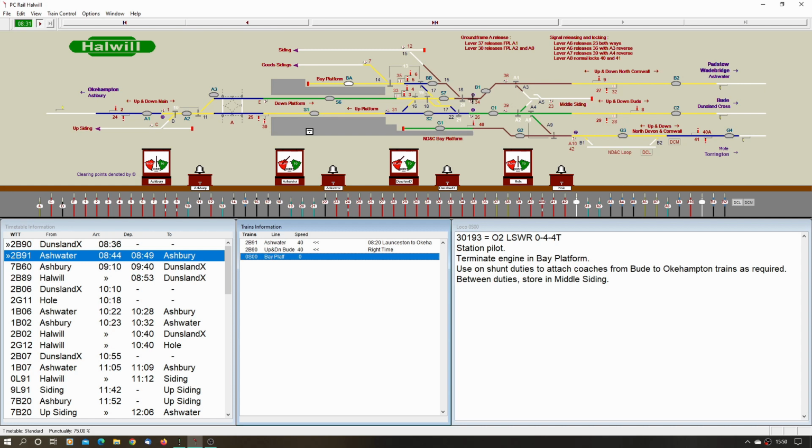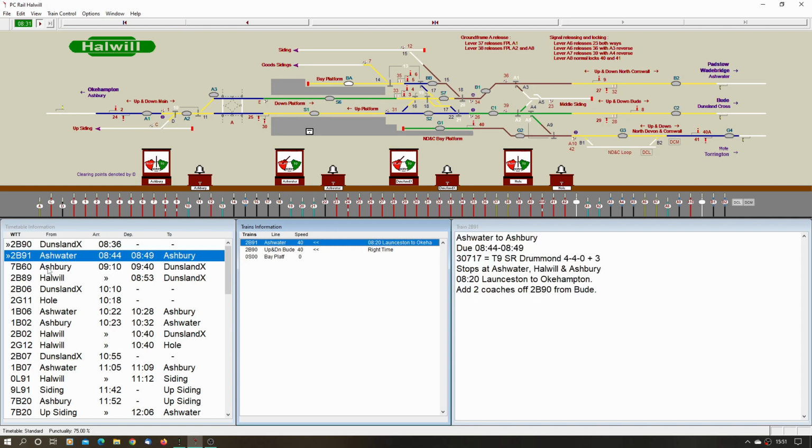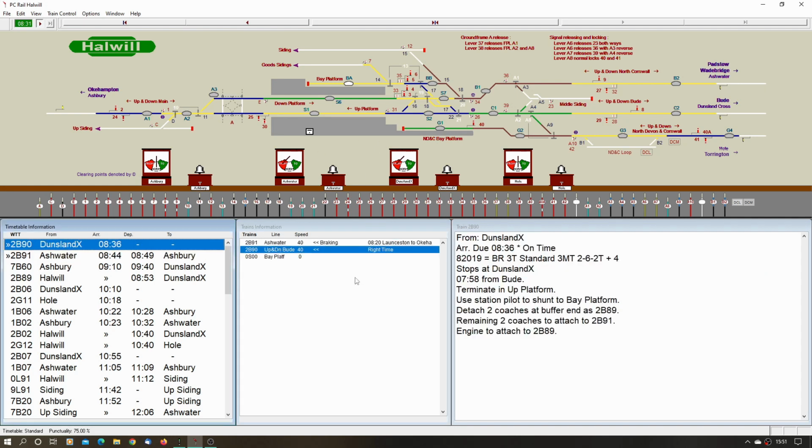So that fouls that movement. But what I can do, as soon as this train arrives, I'll get this light engine across behind 26 and get the coaches out of the way. Not sure where this light engine goes. Engine to attach. All right.